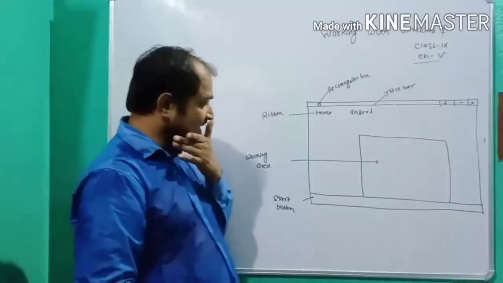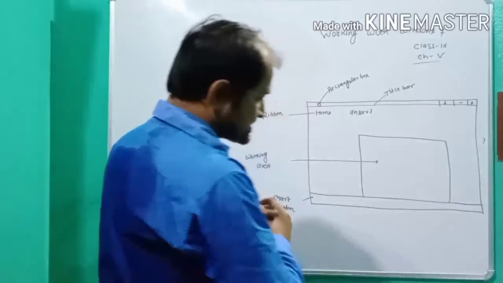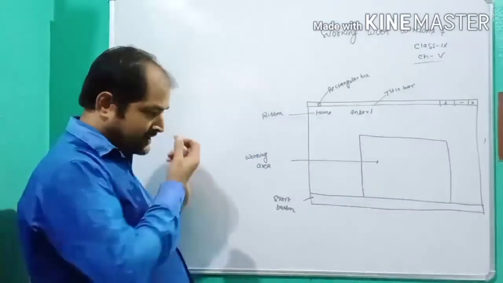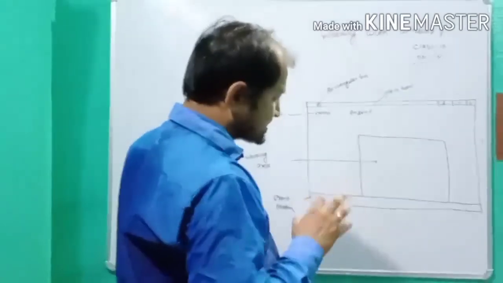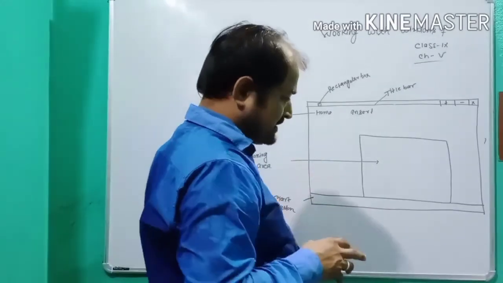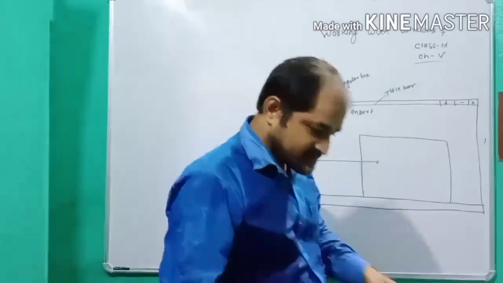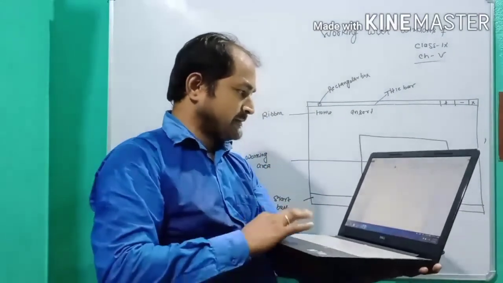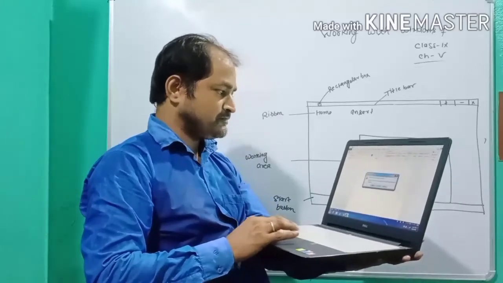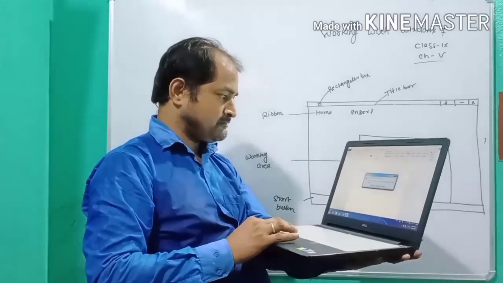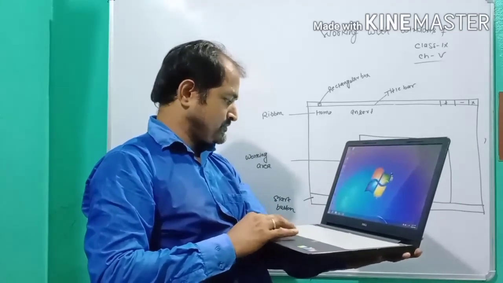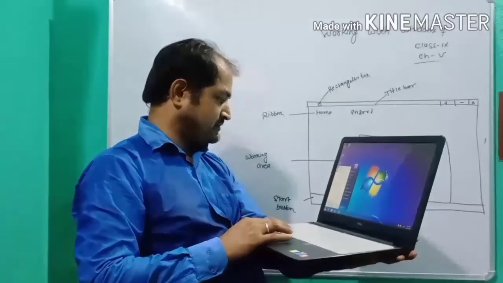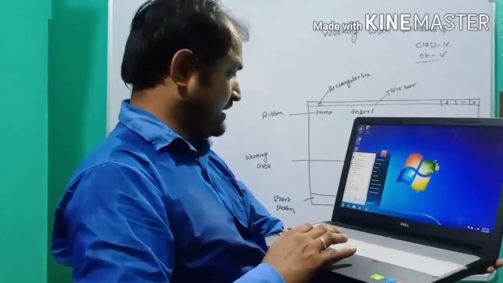Second, the scroll bar. A scroll bar appears when there is more matter than the window screen can display. Open MS Excel.